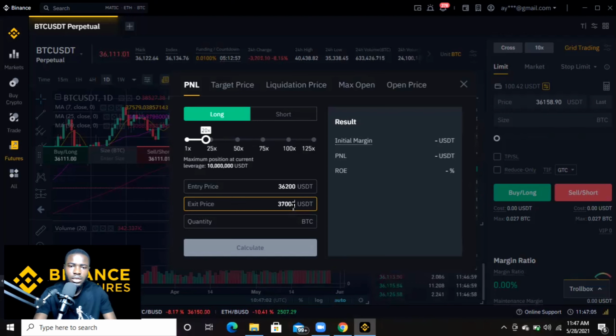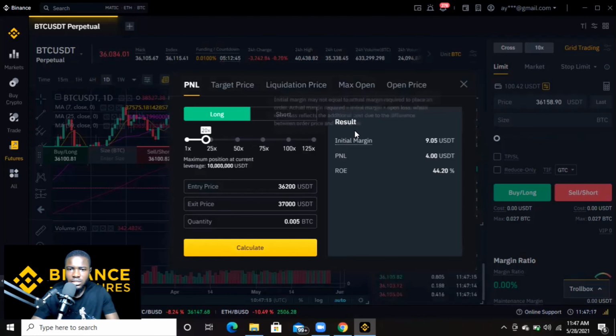I'm predicting that BTC would go to 37,000, and my quantity is 0.005. So let's calculate and see how that's going to check out. Okay, that's an initial margin of $9 and 44% ROI. I'm going to be getting $4 as profits, or I'm going to be losing $4 in loss for this trade.